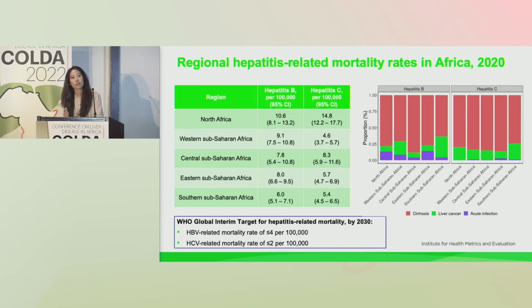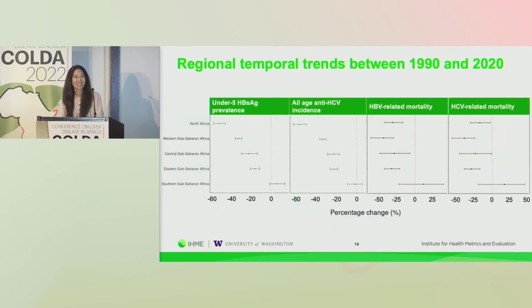We can also look at the data in slightly different ways. Here on the right, I am showing the proportion of hepatitis B-related and hepatitis C-related mortality by the proportions of different diseases contributing to the mortality in different regions. And here I am showing the progress that's been made in the last 3 decades in 5 different African regions.